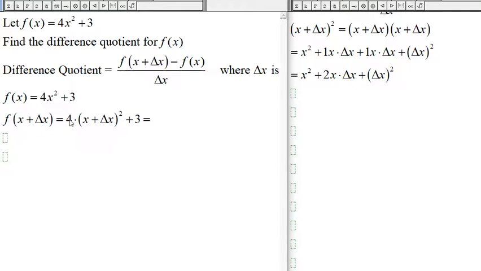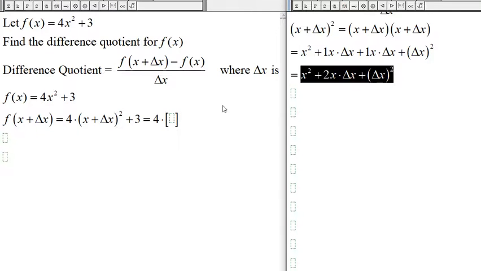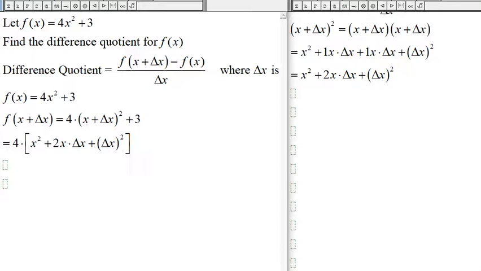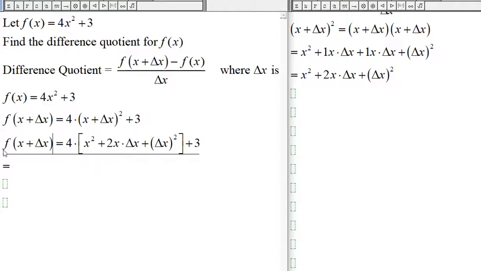And then come back over here, we have 4 times x plus delta x squared is all of this, and plus 3. And then multiply the 4.